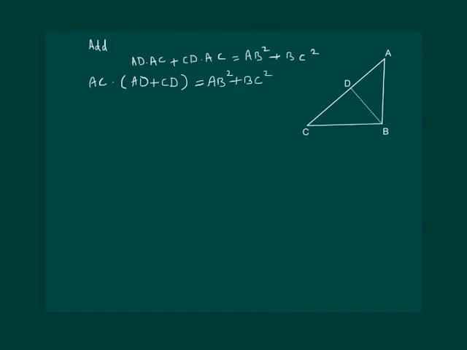Look in the figure, AD plus CD is same as AC, so this becomes AC into AC equal to AB square plus BC square, implying that AC square equal to AB square plus BC square. Hence we have proved the Pythagoras theorem.